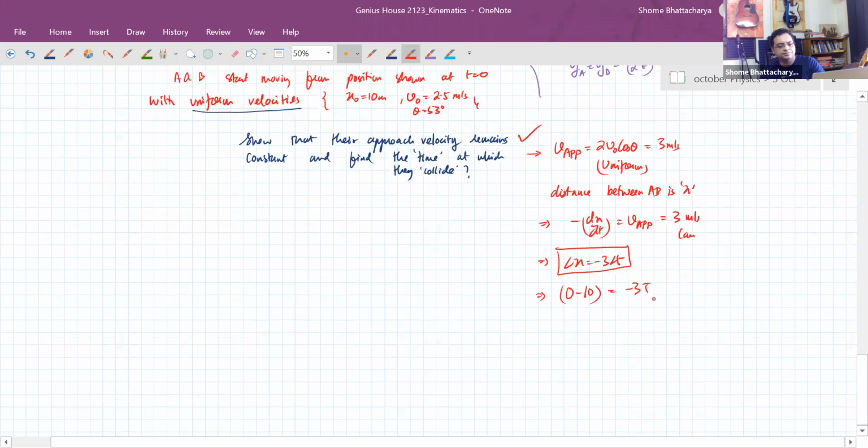So the time of collision is 10/3, as you have rightly calculated.